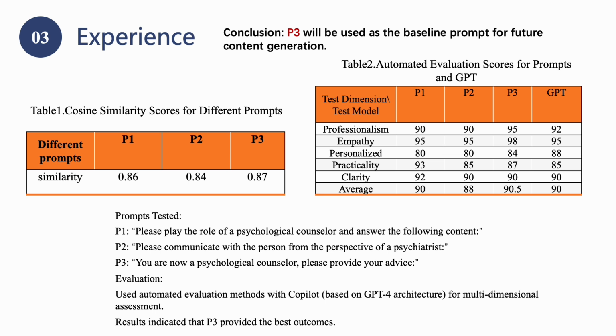Second, we use Copilot's automated evaluation methods for multi-dimensional evaluation. What is shown here are the evaluation indicators. The results show that P3 provides the best results. This will serve as a baseline prompt for future content generations.